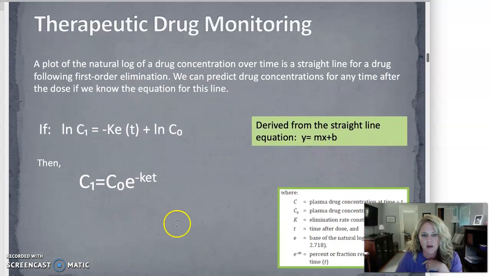So again, this is a really important formula for you. If you understand the concept of that straight line, y equals mx plus b, you've got a graph with time on the bottom axis and concentration on the vertical axis. So if you've got a time difference and one concentration, you can find the other concentration.